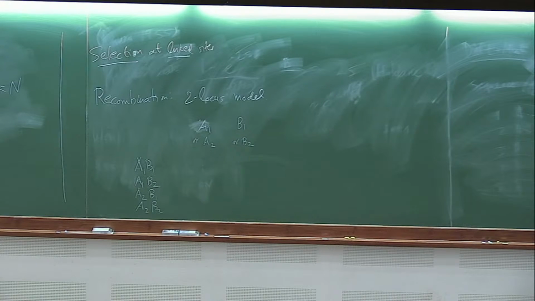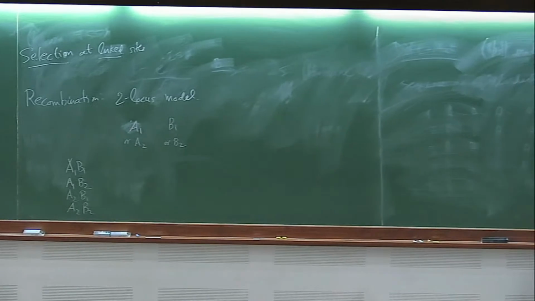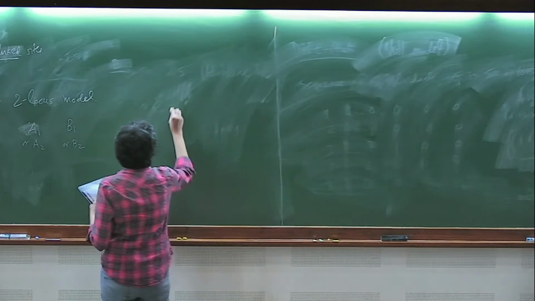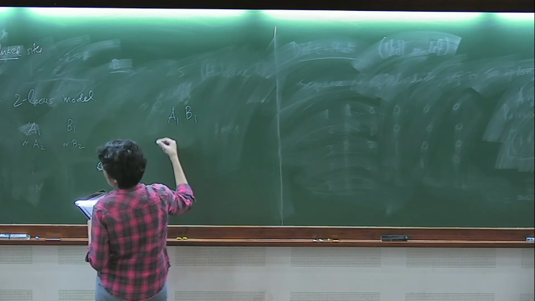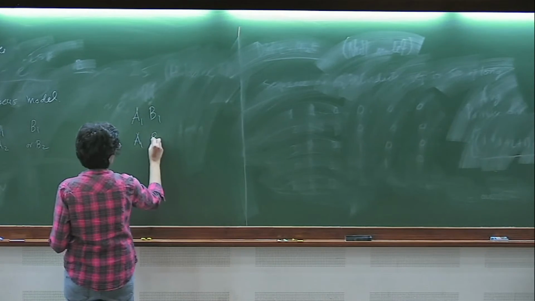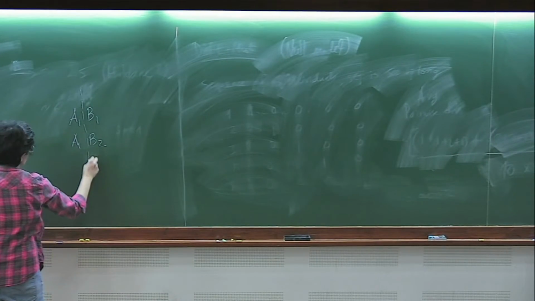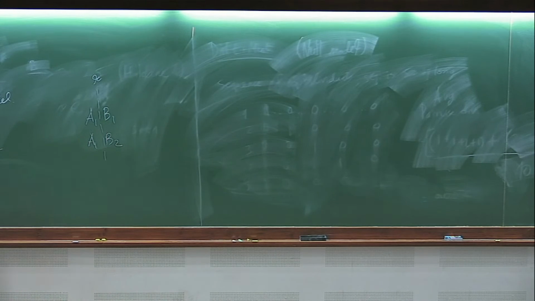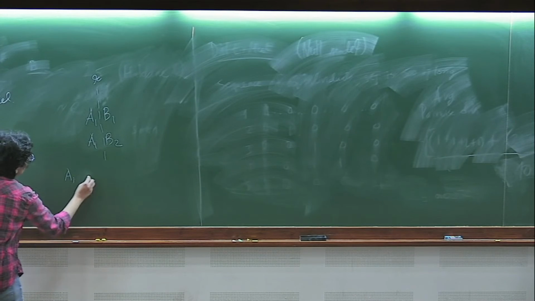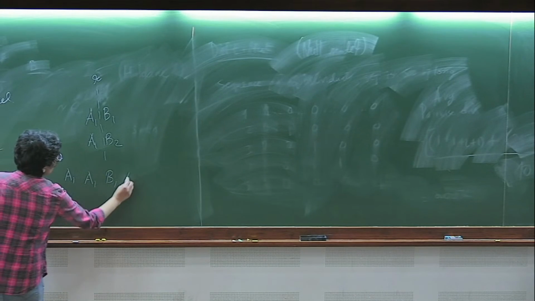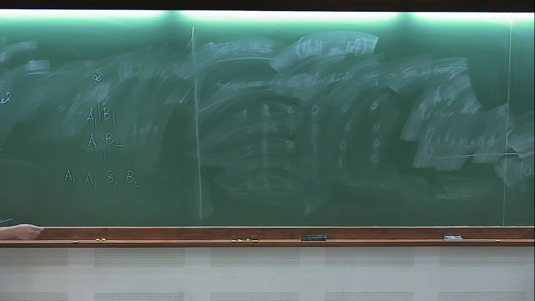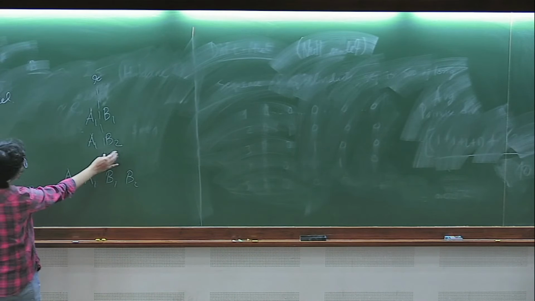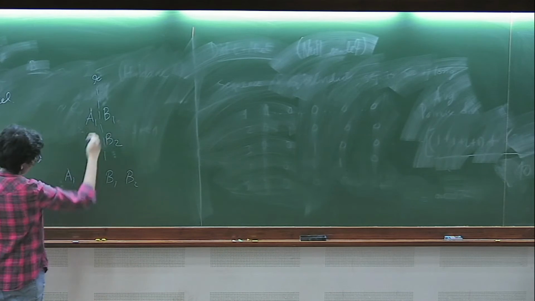And by recombination, what I mean here is that if I have A1, B1, and let's say A1, B2, with some probability R, these two will break, and when they break, I'll have this stuff lying around, and they pick combinations. So maybe this A1 matches with this B2, and this A1 goes with that B1.